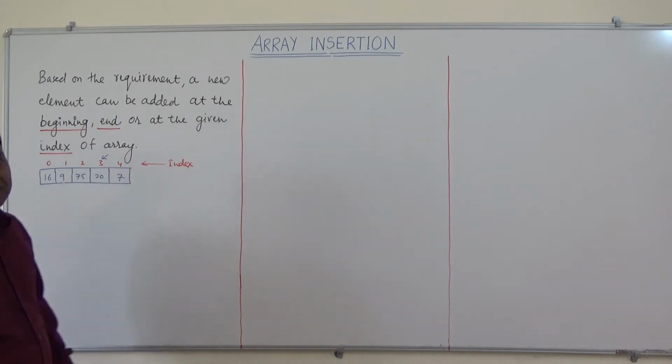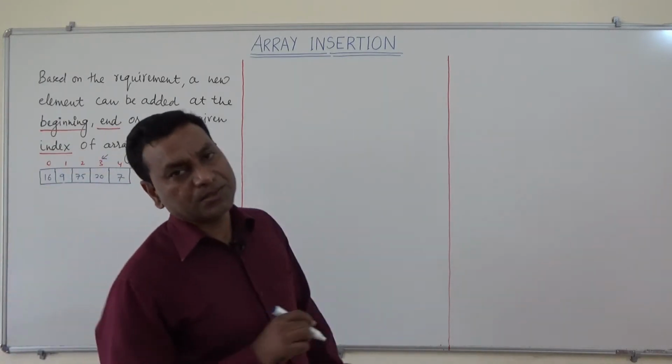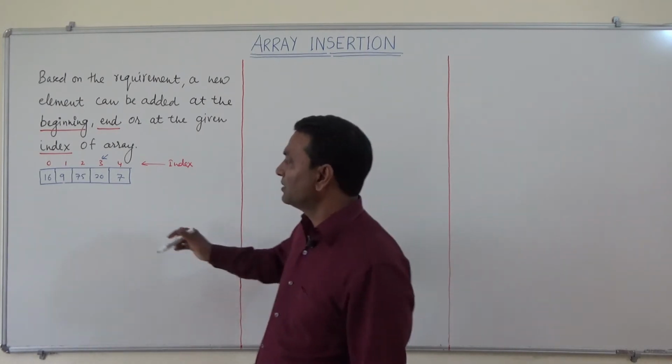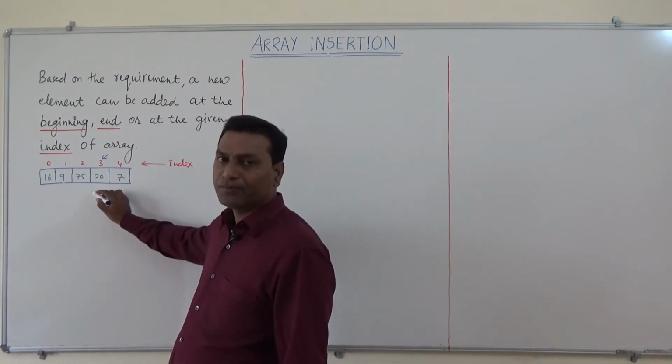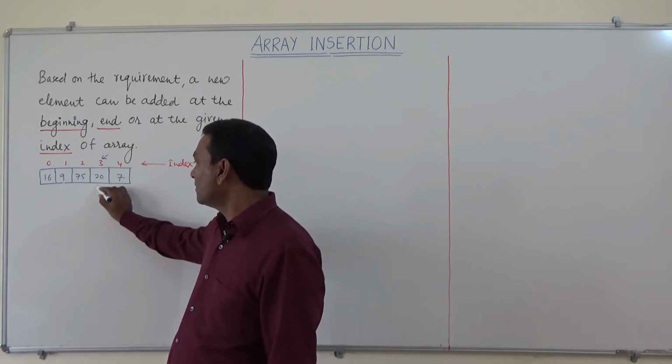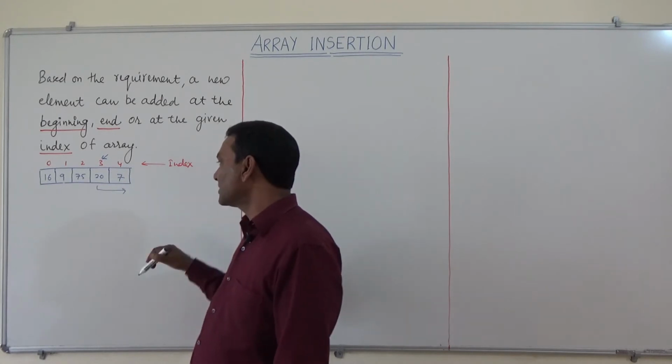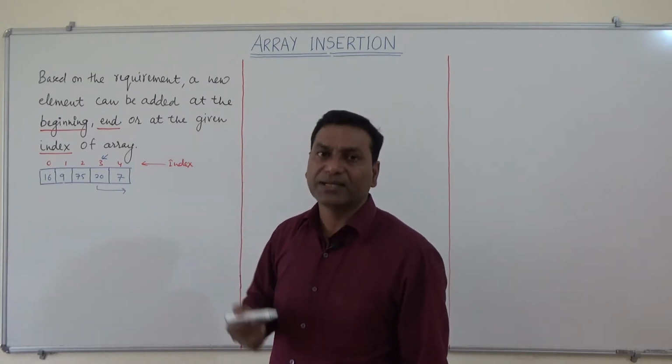This is index 3. So the logic that we will use is that we have to shift elements from index 3 onwards to the right hand side.